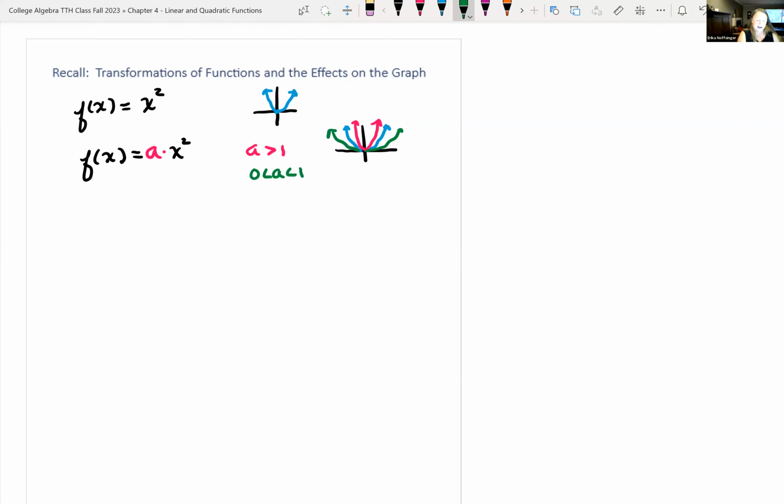But the point here is that if our value of a is greater than 0, the parabola faces upwards. And this point in here, the vertex, is going to be our minimum value, or a minimum point.